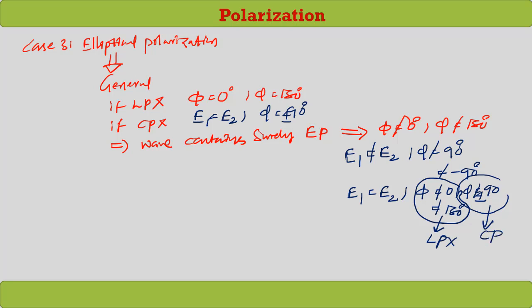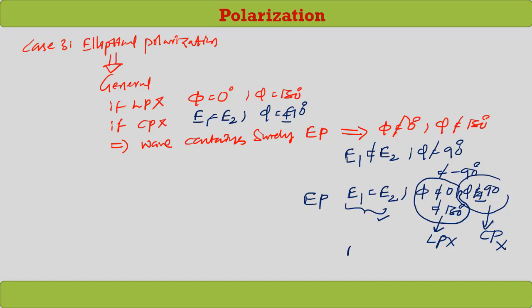So you can have E1 is equal to E2, this condition is okay, but phi is not equal to 90 or minus 90, so surely you will not get CP also. So in this condition you will get EP.